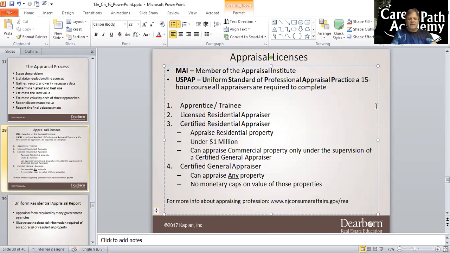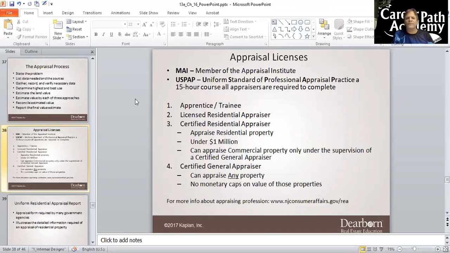This is a 15-hour course. All appraisers for all the license types are required to complete it, and they have to do this on a regular basis, just like we do. Now that you have a working knowledge of what it is, all you have to know is that if you see MAI or USPAP on exams, it has something to do with appraisers, and from my understanding, you'll get the question right.